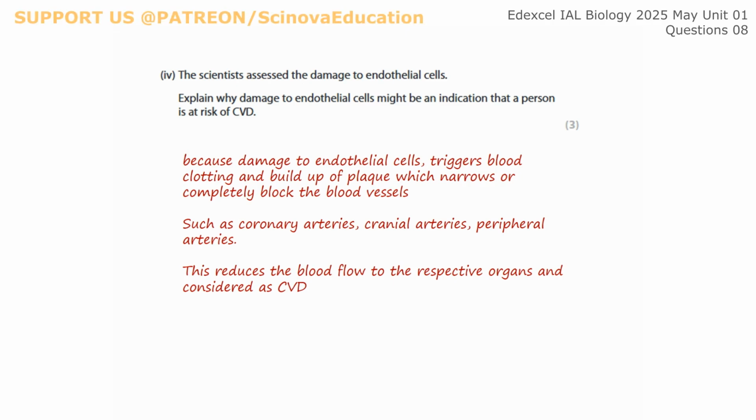If it happens in coronary arteries, the blood flow to the heart will be limited. If it happens in cranial arteries, blood supply to the brain will be affected. Peripheral arteries, your limbs will not get enough blood. So, depending on the type, we can consider it as parts of CVD.